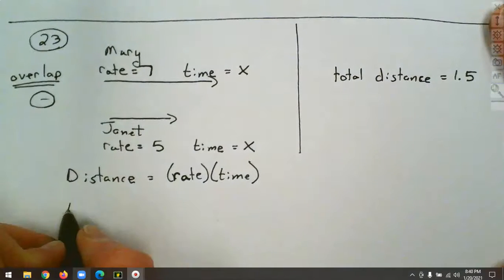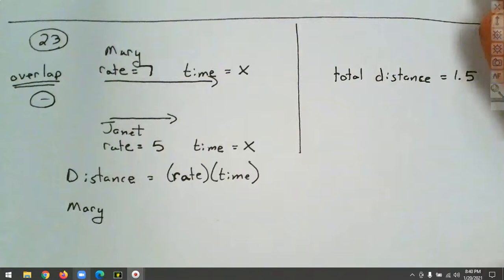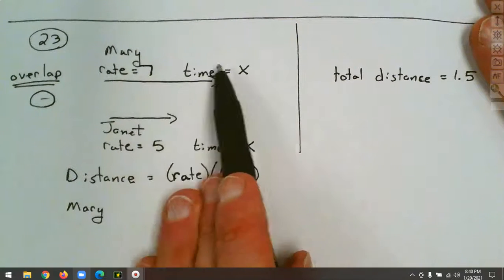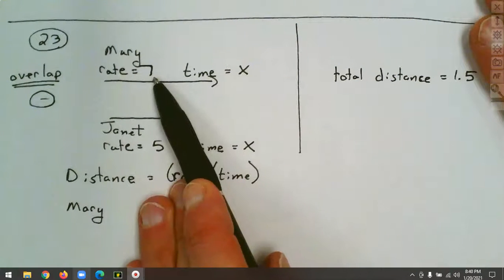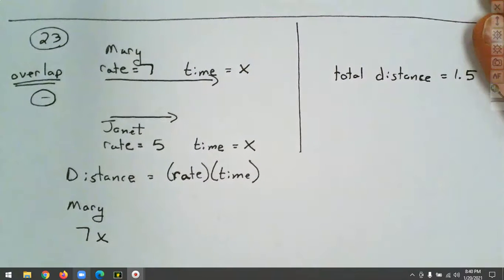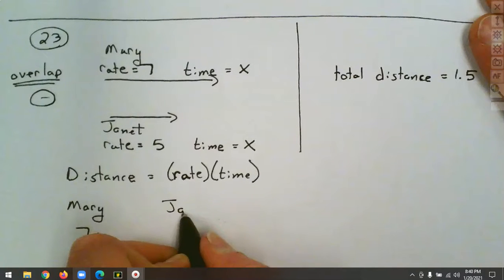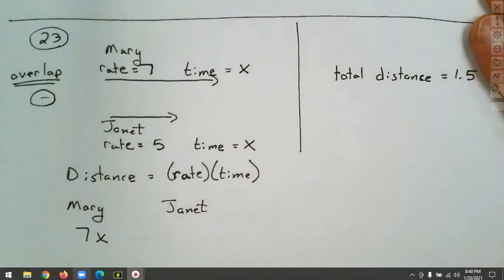And let's look at Mary first. For Mary, we've got a rate and a time. So Mary's rate is 7. Her time is x. So Mary is 7x. Now what about Janet? Well, Janet's a little bit slower. And we know we're going to have to subtract, don't we?